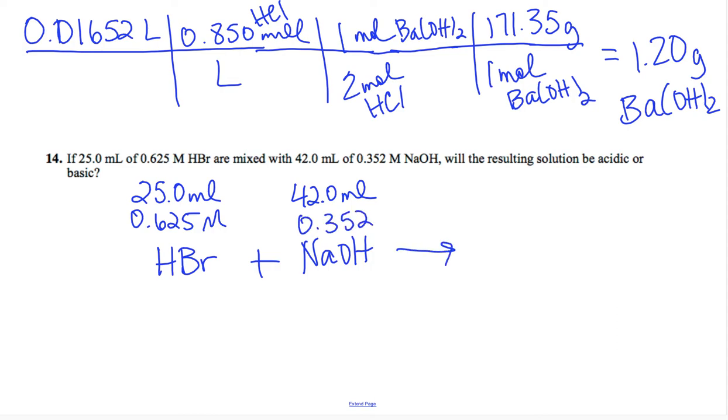Will the resulting solution be acidic or basic? This is going to be balanced 1 to 1 to 1 to 1 because everything's plus or minus 1, so that's a balanced equation. So I want you guys to tell me, what do we think?